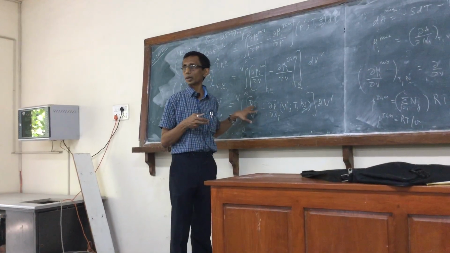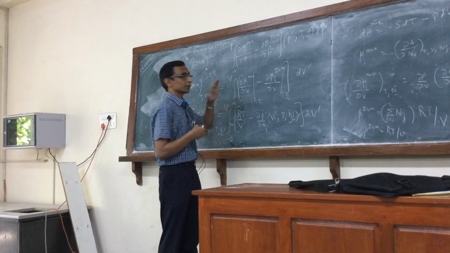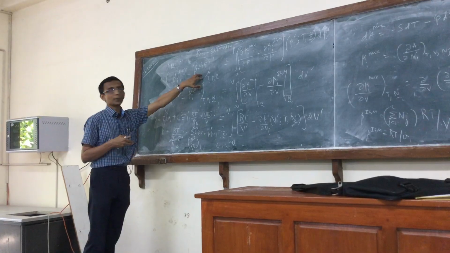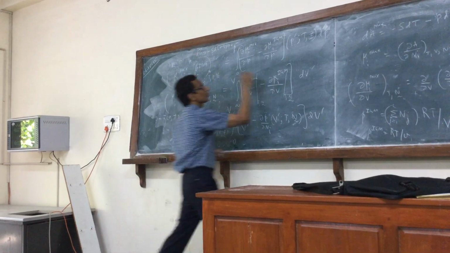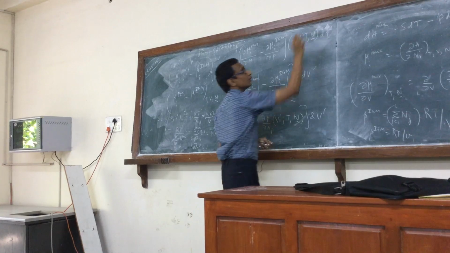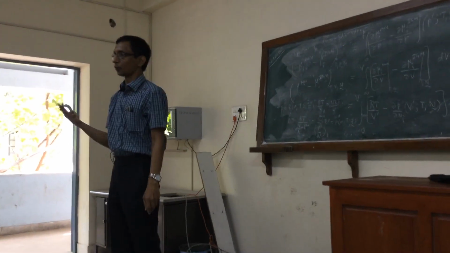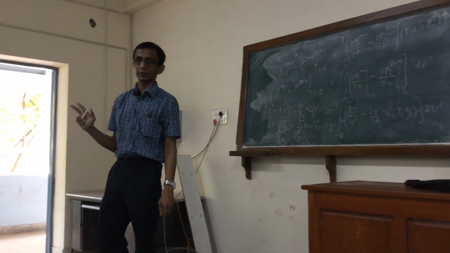But this is what turns out to be very useful when you calculate the departure function. Now we are not done yet because I want the departure function at temperature and pressure. And I can now make this also in terms of mole numbers. It doesn't matter because mole numbers are kept fixed and the mole fractions are also automatically fixed. So it's not going to make a big difference.